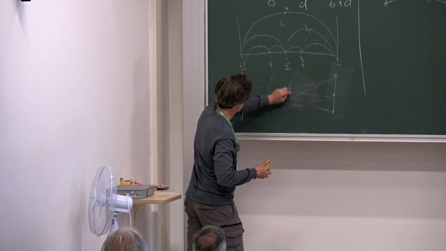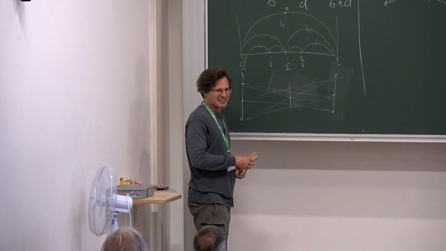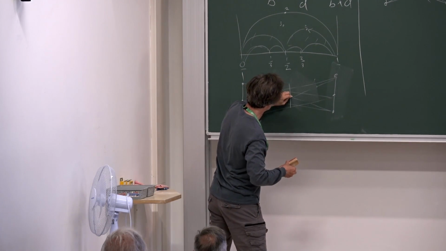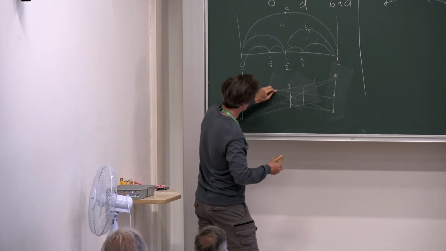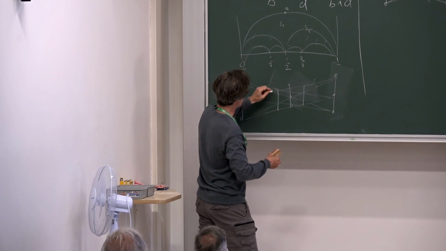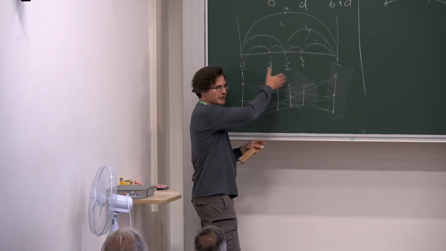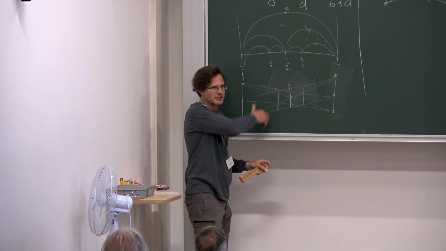This didn't quite work out, but it turns out to be vertical, and then you do it again, and it keeps going like this, and you actually generate the fractions in the same pattern.